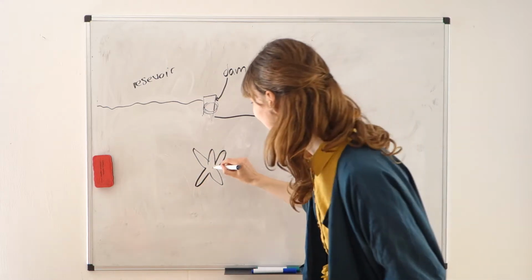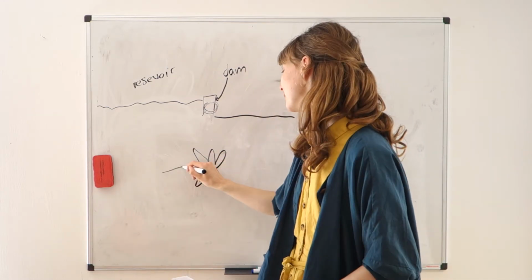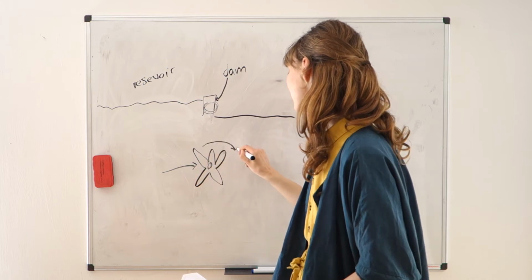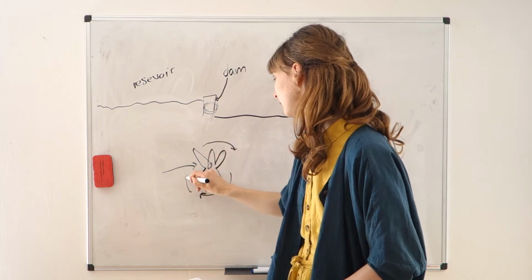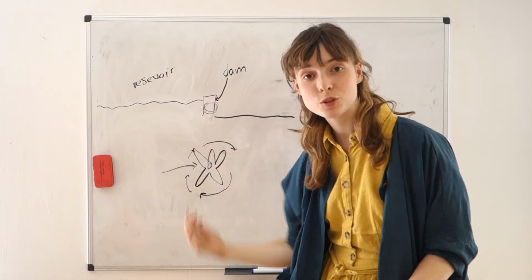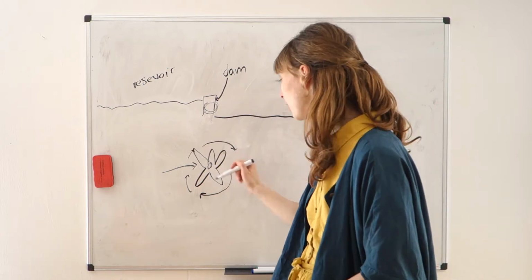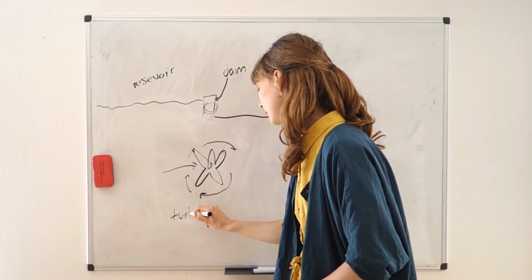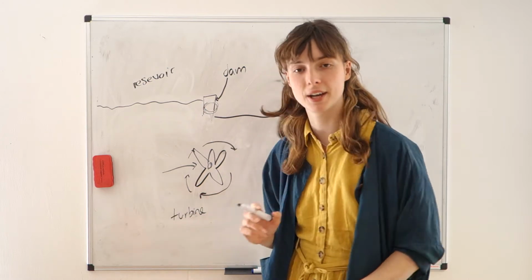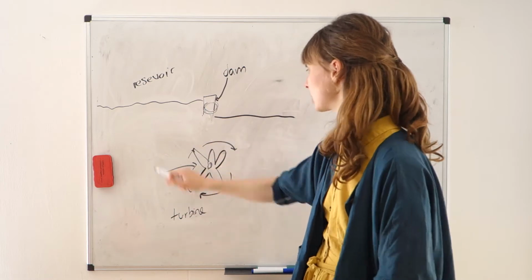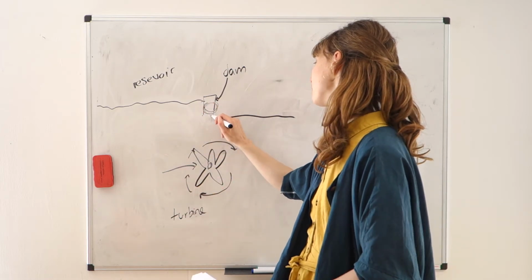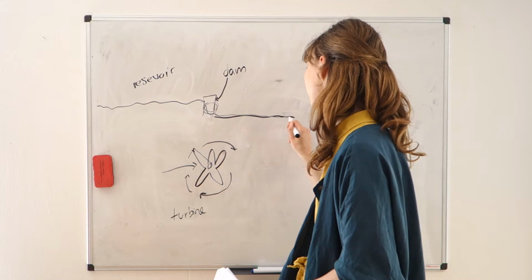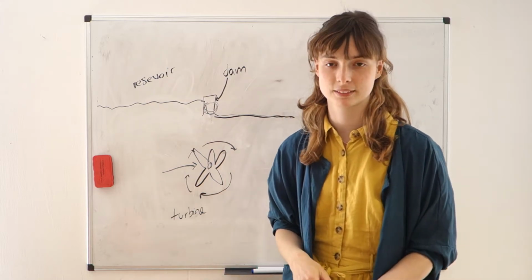Now, when we put the water through the dam, it spins that propeller. And the spinning of the propeller, we're going to call it a turbine, creates electricity as the water flows from the reservoir, through the dam, and back to the river.